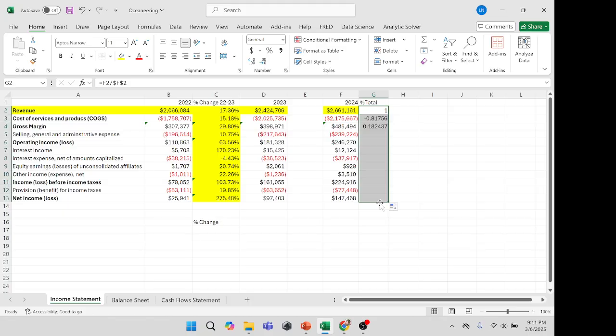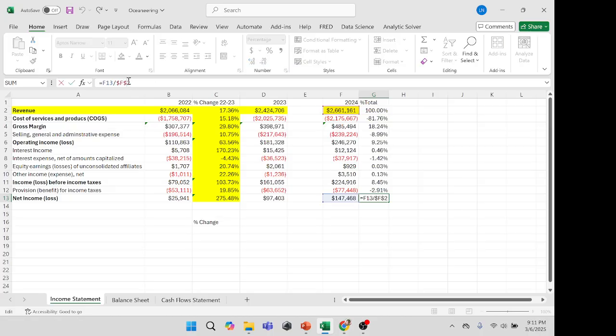If you drag it down, you would see that the F2 stays fixed as the divisor. So the $ just means it's going to stay fixed, divided by the revenue up here. The F13 is still down here, divided by the revenue up here.